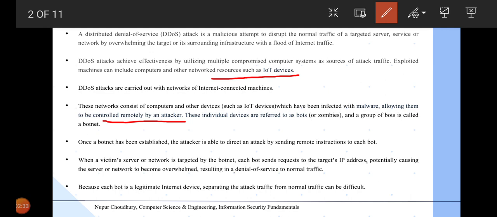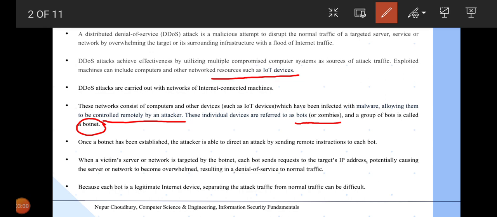These individual devices are referred to as bots or zombies, and a group of bots is called a botnet. So whichever device is compromised is a bot or a zombie, and a group of such bots or zombies is called a botnet. So basically DDoS attack will be done using this botnet.